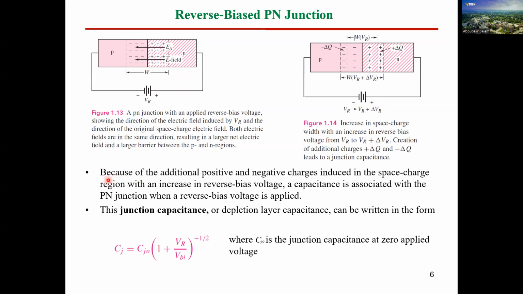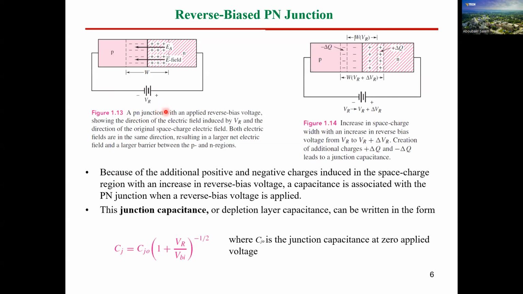The discussion here, guys: because of the additional positive and negative charge induced in the space charge region with increase in reverse bias voltage, a capacitance is associated with the PN junction. So this is not only increasing the resistance, guys, it makes it like a capacitor, because all the negative charges will move in this direction and all the positive will move in the opposite direction.